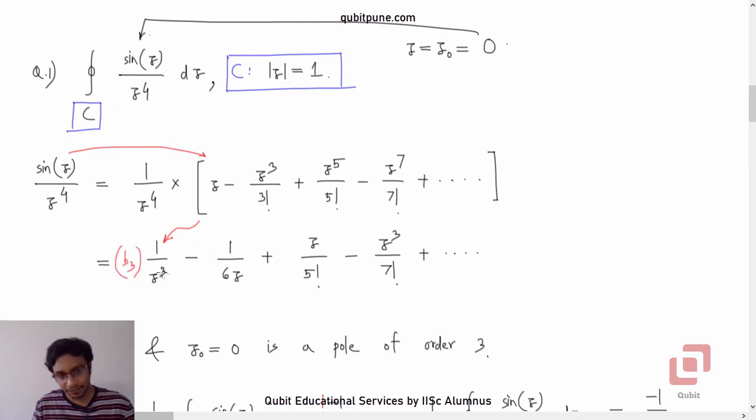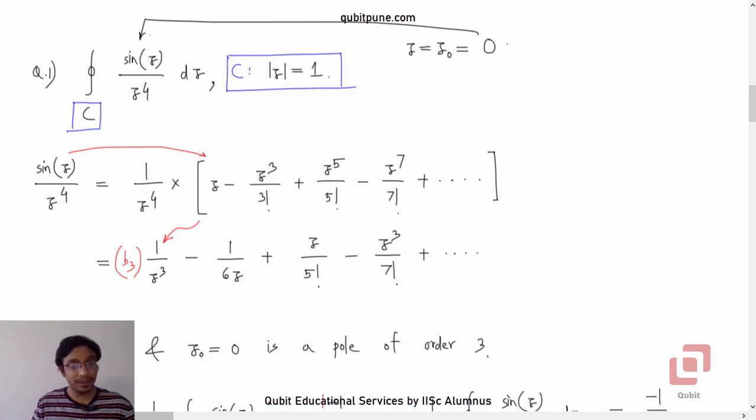But as per the definition, we are not interested in the value of b3. So let us go to the next one, which is negative z cubed upon 6 or 3 factorial. If you now multiply this by 1 upon z to the power 4, what will you get? You will get negative 1 upon 6 into 1 upon z. And are we now in the term which has the negative 1th power of z minus z naught?